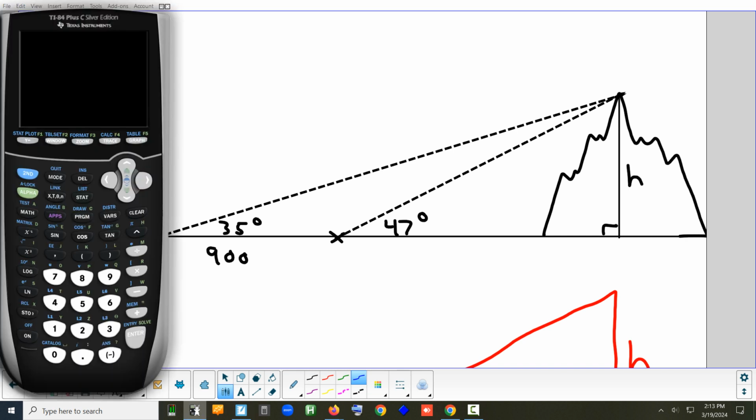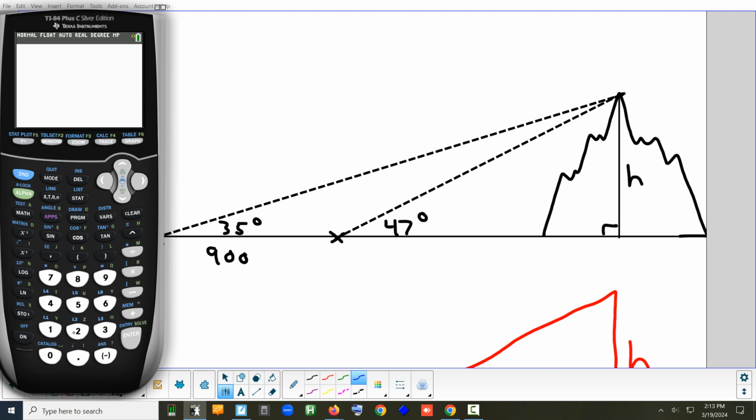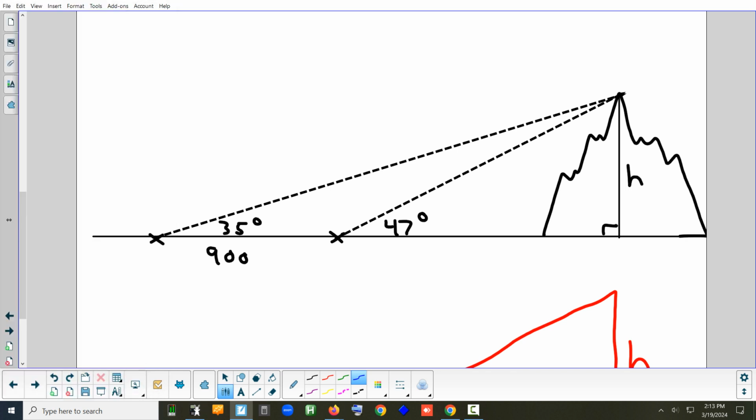We can find this angle 133 because these two are supplementary, they're 180. If you're not sure how he got 133, it's 180 minus 47, which gives you 133. So you've got angle side angle.